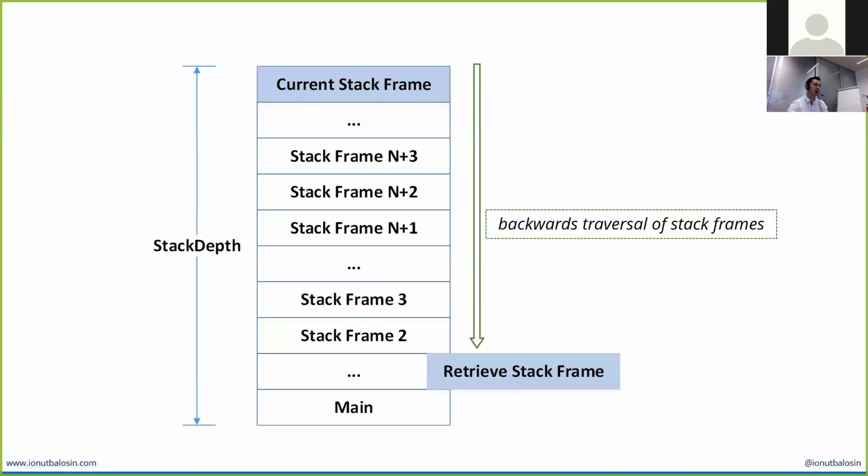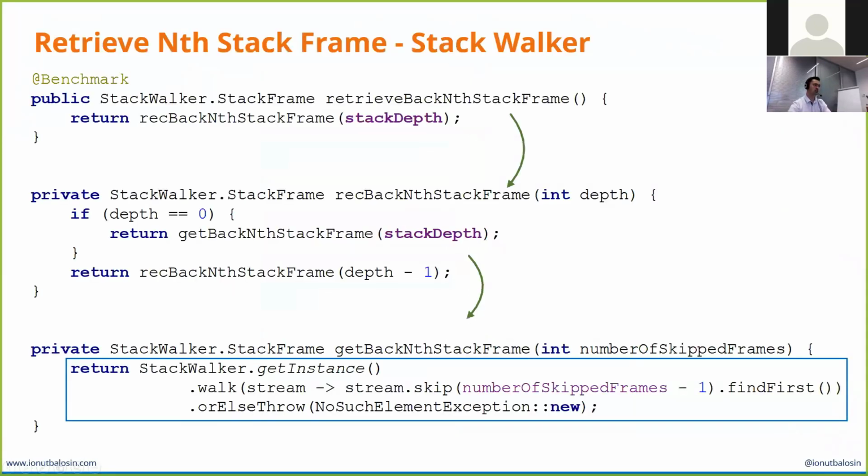I did two scenarios. I created a recursive method until I reach a certain depth. And once I reach that certain depth, I traverse backwards the frames and I measure the time. And this is the code using the StackWalker API. This is the benchmark method, which calls another recursive method.